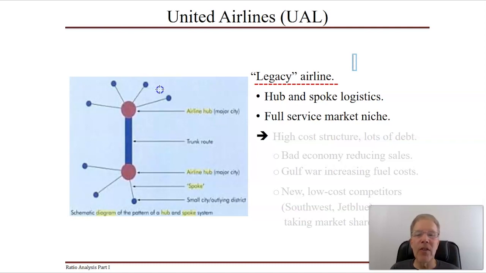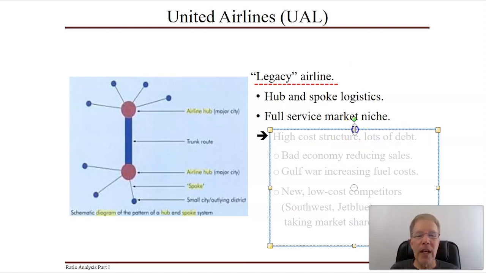So you'd have two changes along the way. And United also was a full service market niche operator. So their marketing strategy was to be a full service airline. You could be first class, business class, economy class. They wanted the whole spectrum of customers.